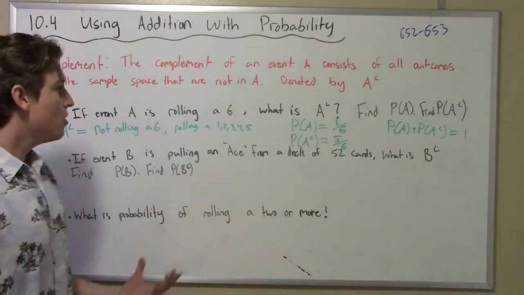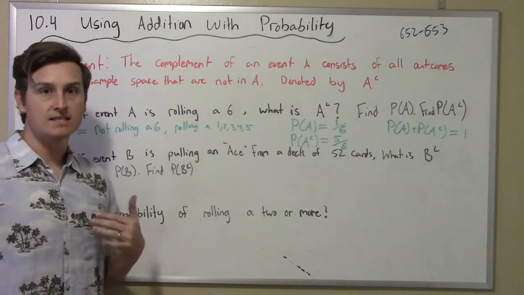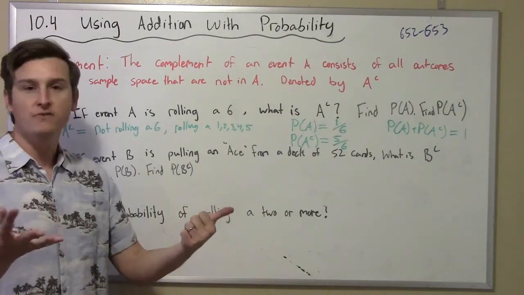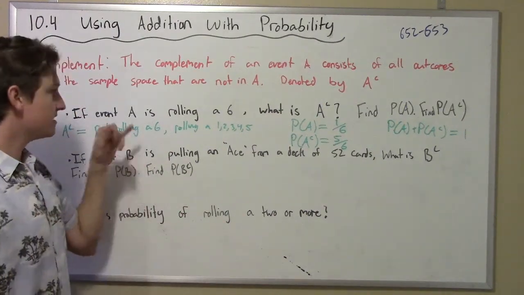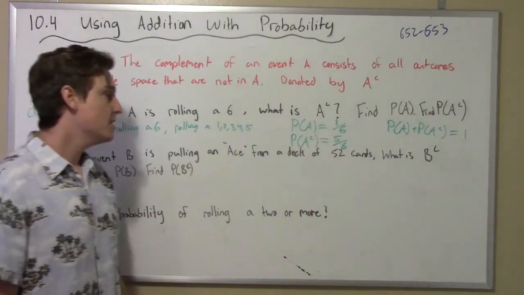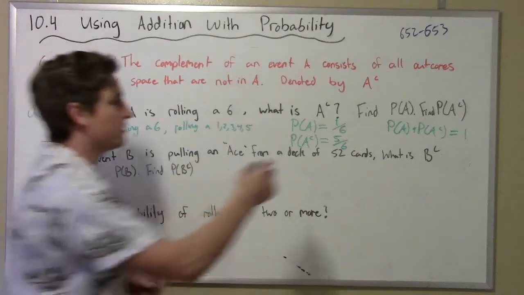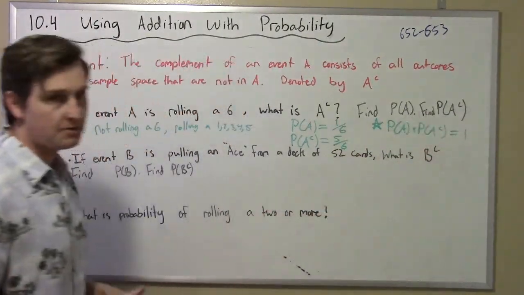So what is the probability that I roll either a 6 or not a 6? That's all the options: 6, or 1, 2, 3, 4, or 5. One of those things has to happen. So either I roll a 6 or I don't, and there's a 100% probability of that happening. That's kind of interesting. This is an important idea: the probability of an event plus its complement is always going to be 1.